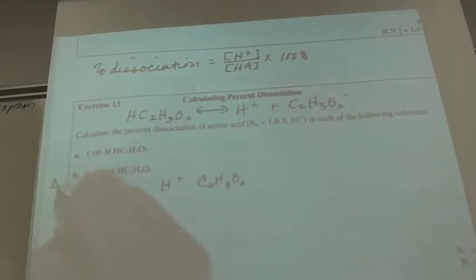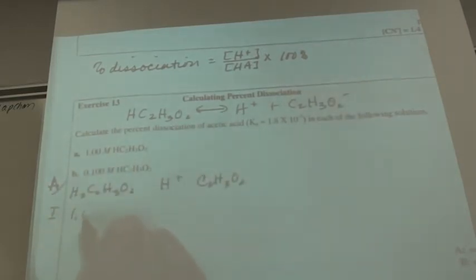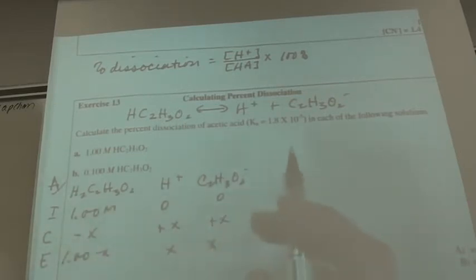This will be A. Initially, we have 1 molar acetic acid, no hydrogen ions, and no acetate ions. The change is always like this. And at equilibrium, we have 1 minus X, X, and X.